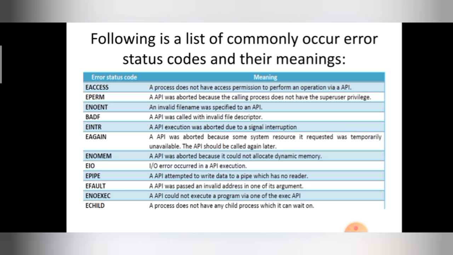Next, EFAULT: the API was passed an invalid address in one of its arguments. Next, ENOEXEC: the API could not execute a program through one of the exec APIs. The exec API has some problem, that's why it can't execute the program. Next, ECHILD: a process does not have any child process which it can wait on. The child process was not created, that's why this error.